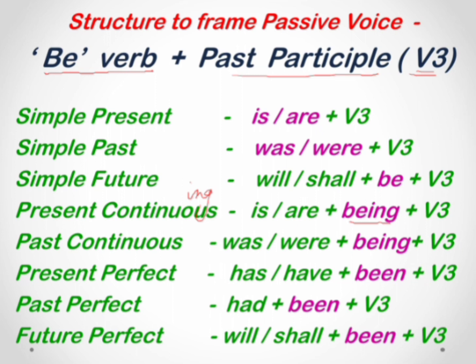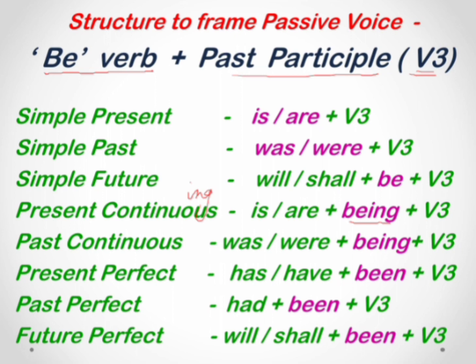For present perfect tense, it is has or have plus been plus past participle. For past perfect, it is had plus been plus past participle. For future perfect, it will be will or shall plus been plus past participle. This is the structure to frame passive voice, that is, to change the verb form.